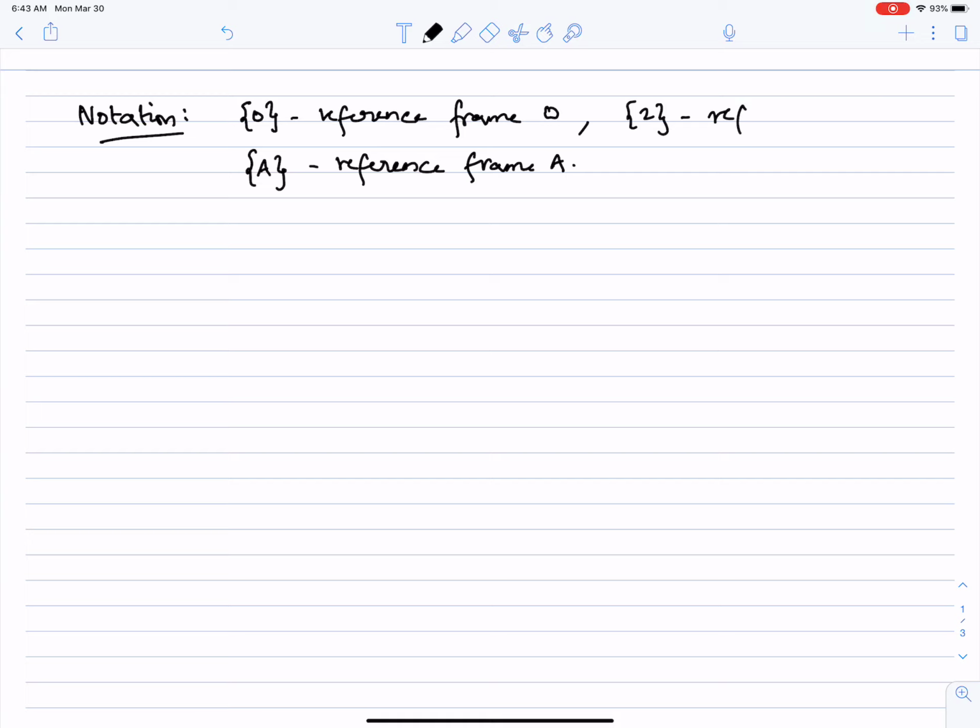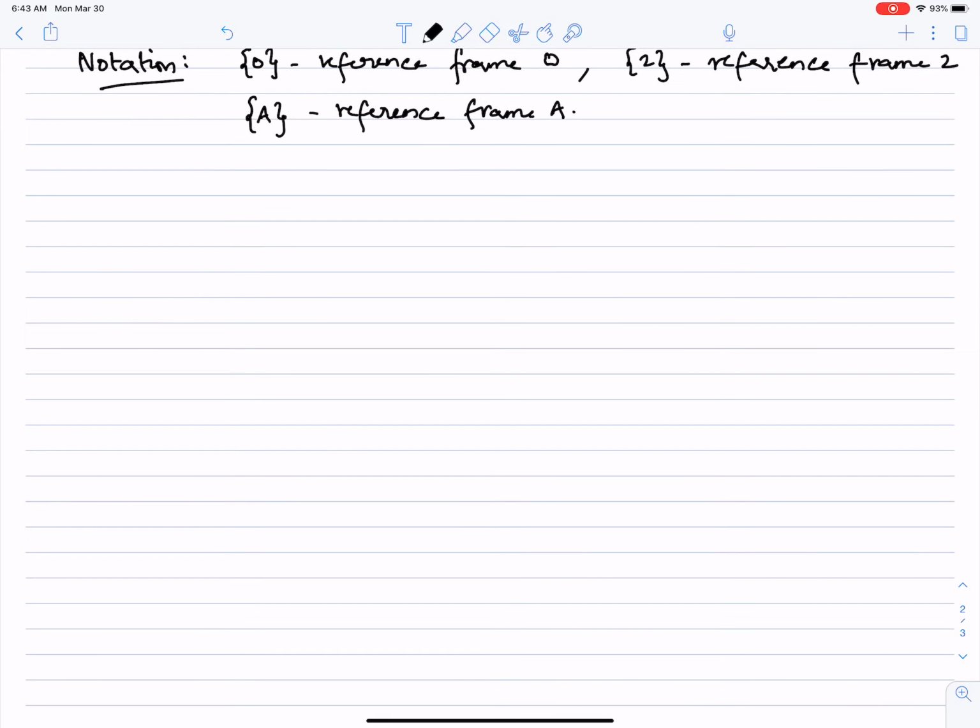So this might be reference frame 2, etc. Okay, so that's a notation that we are going to use.